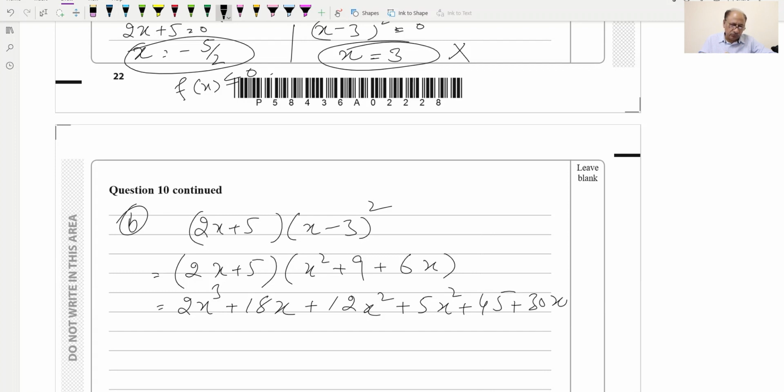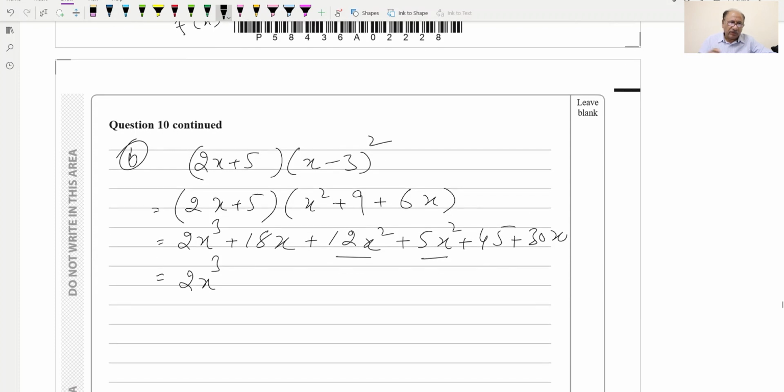Now we have to add the like terms. 2x cubed is the only term involving a cube. And basically we made a mistake, this should be minus over here, and if this is minus, it means that this 12 will be minus, and this 30 will also be minus.